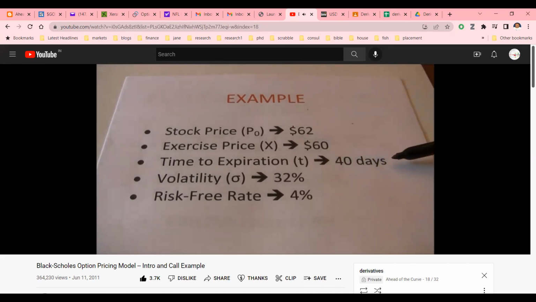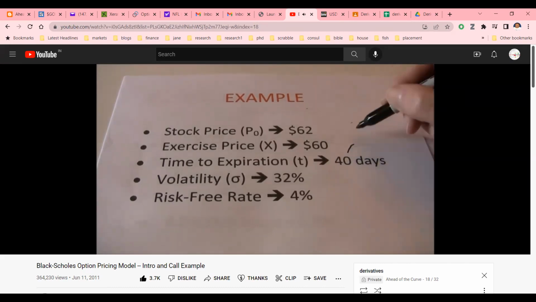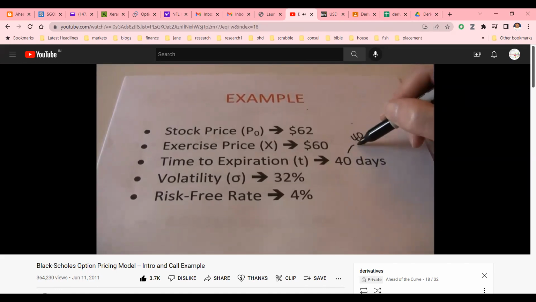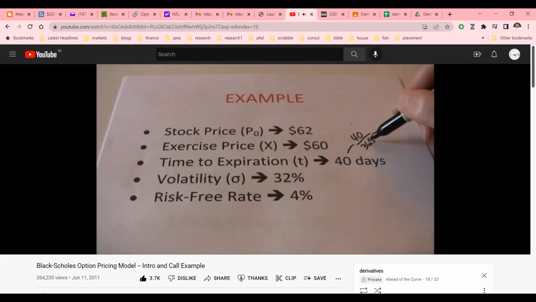Time to expiration is 40 days. Now remember, this is a fraction of a year, so when we plug that into the formula, it's going to be 40 over 365, 40 days out of 365 days per year.